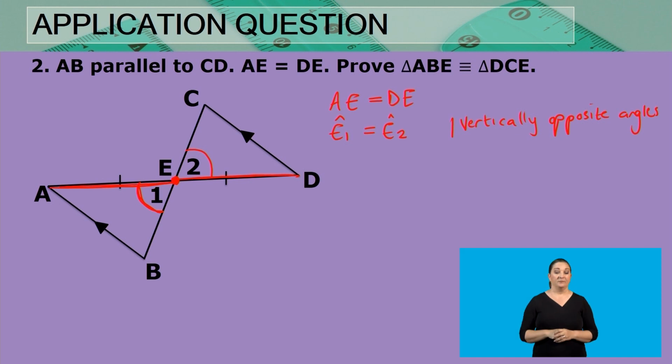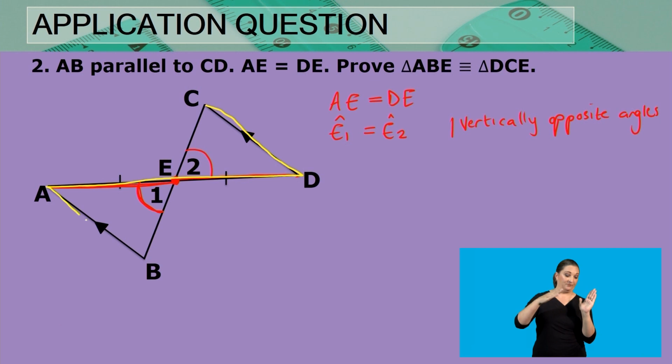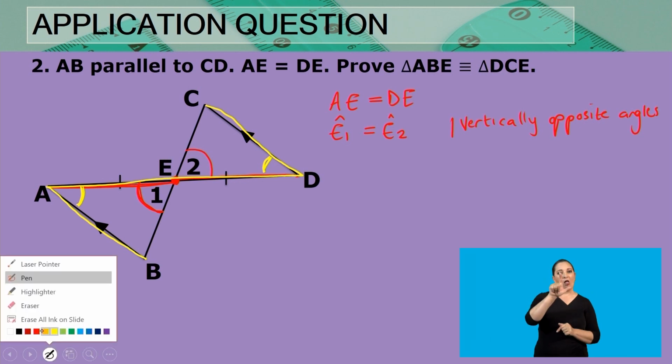And then lastly, we can use our parallel lines to show that angle D is equal to angle A. As we can see there, because we have parallel lines, that means we have alternate angles as we have shown there.